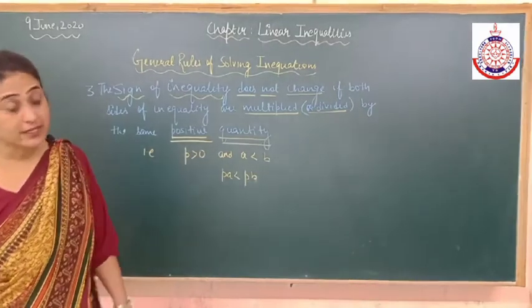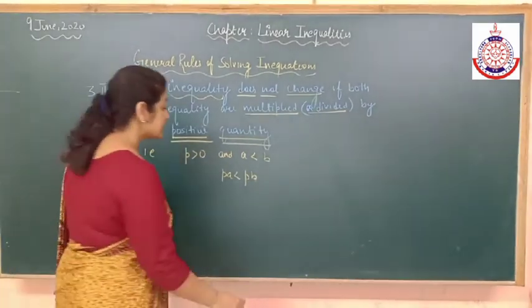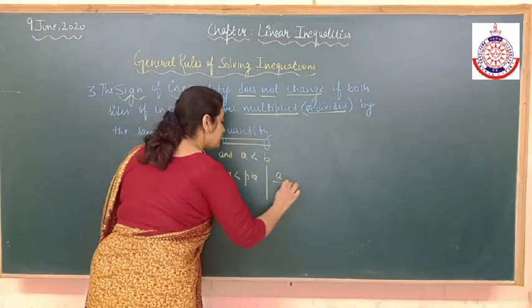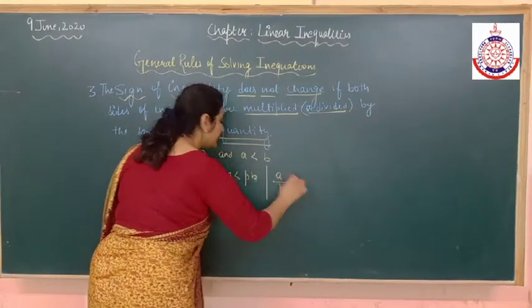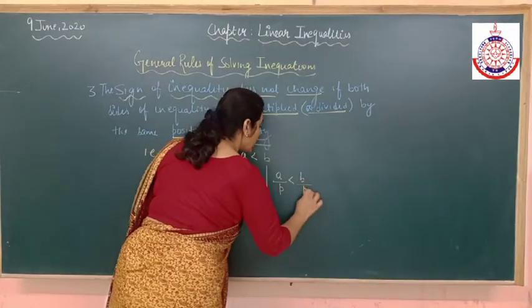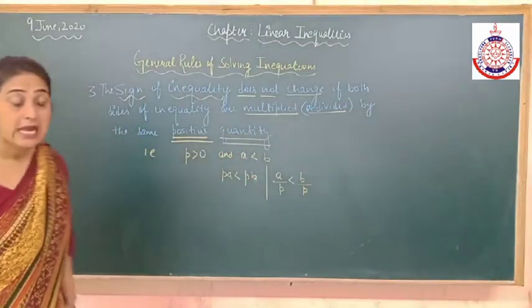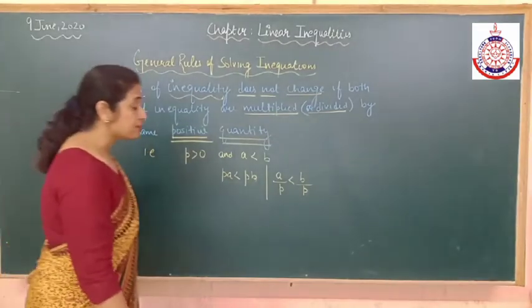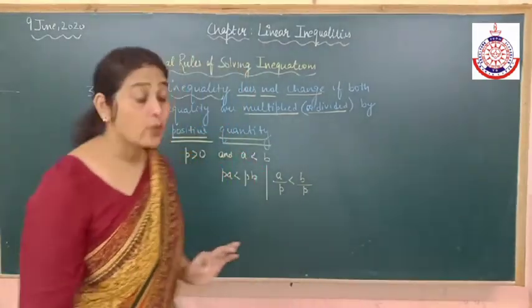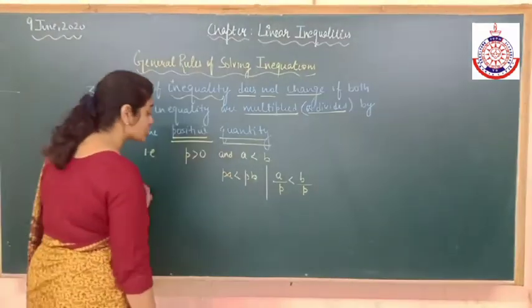In the same way, if I divide both sides by p, the inequality will not change. Understood? If I multiply or divide by a positive number, the sign of inequality does not change.